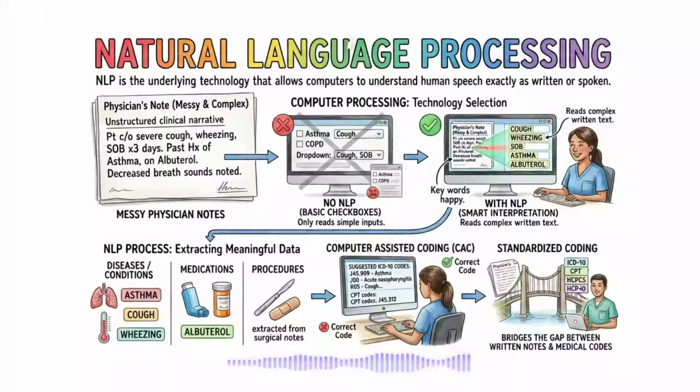To truly understand computer-assisted coding, you need to understand the underlying technology behind it, which is called natural language processing. Natural language processing, or NLP, is the ability of a computer program to understand human speech exactly as it is spoken or written.